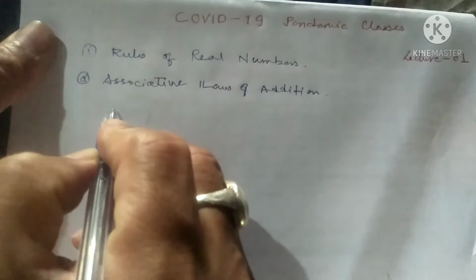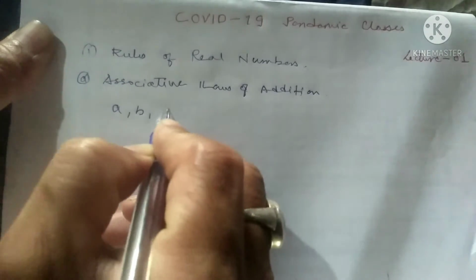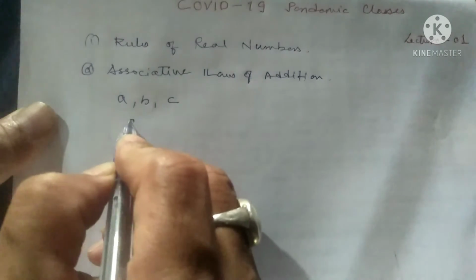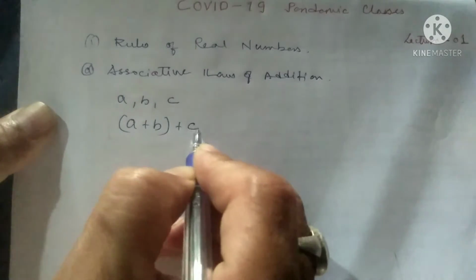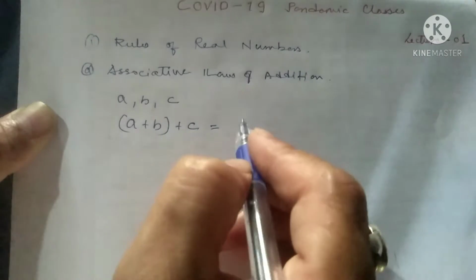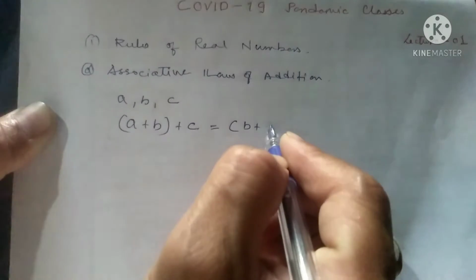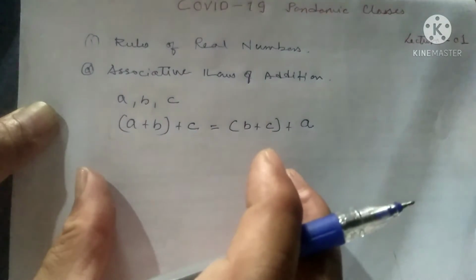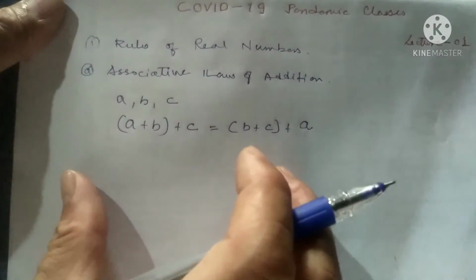Let us consider 3 real numbers, A, B, and C. If we group A plus B and add the third one, the result will be the same if we group the other 2 numbers and add the third one. So this law is known as the Associative Law of Addition.